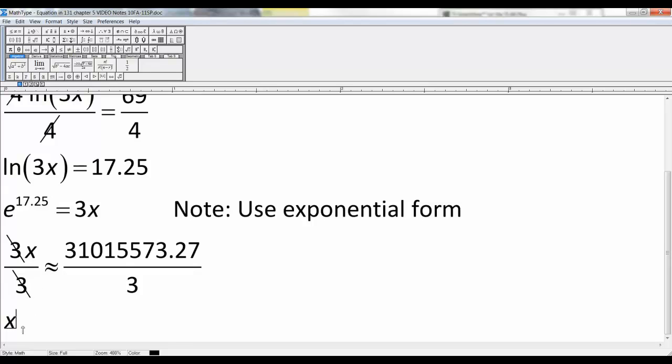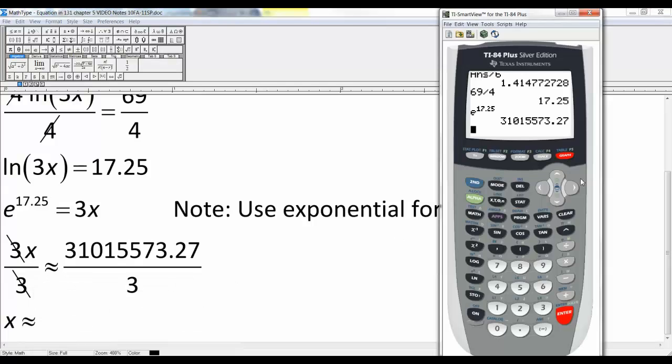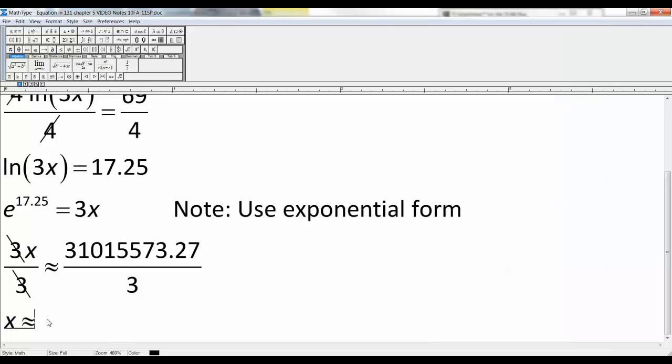Once we started rounding, your calculator is rounding some of that business. So that's all right. Then we divide it by 3. So let me grab my calculator. Divide by 3, enter. So you get 10338524.42. It's huge, but you know, hey.